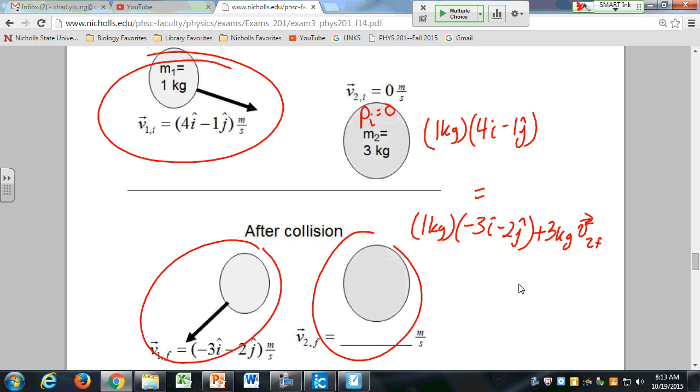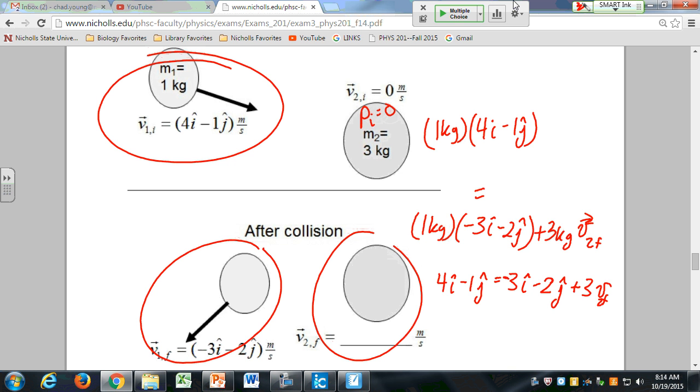It's going to be in vector notation. So whenever you're doing this, you just keep all your i's together and you keep all your j's together. So up here I'd have 4i minus 1j equals negative 3i minus 2j plus 3 V2F.